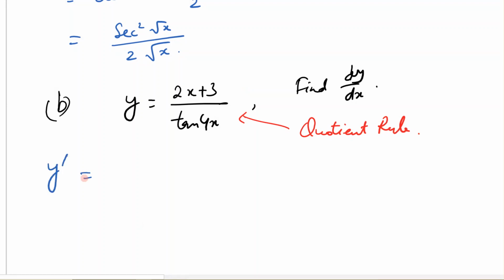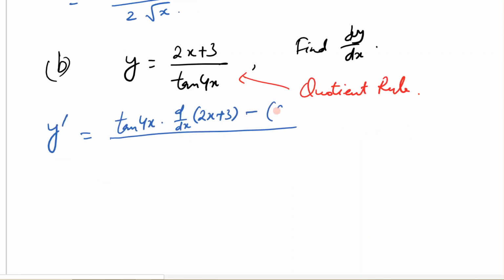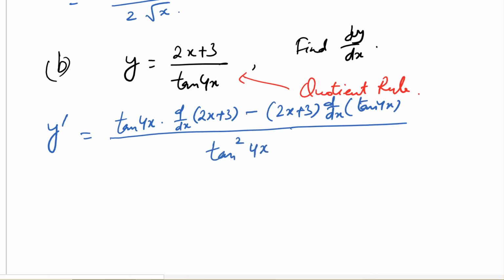So y prime is equal to, quotient rule is low d high. So low is tangent 4x, and derivative of high, which is 2x plus 3, minus high d low. So high is 2x plus 3. So d low is tangent 4x, over square of what's below. So square of tangent 4x.